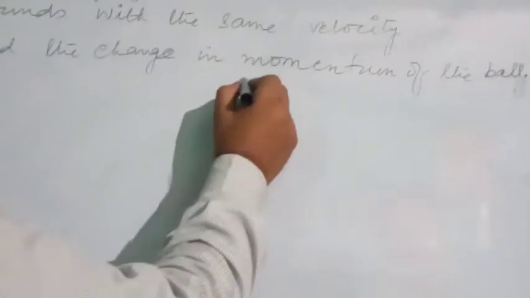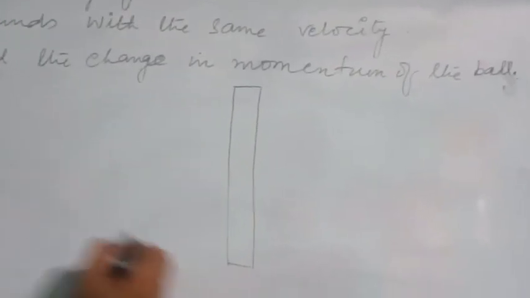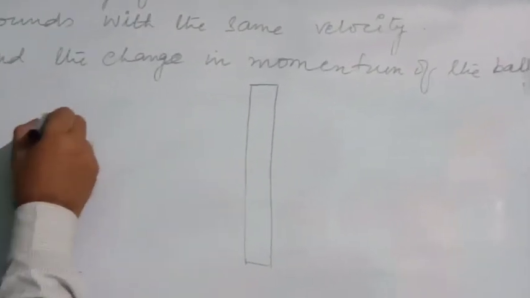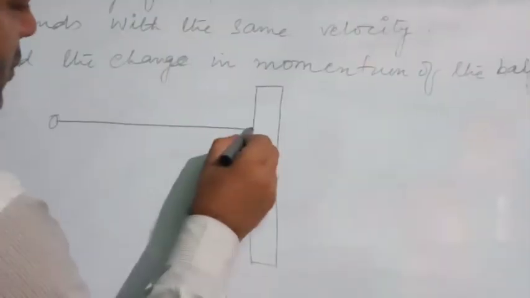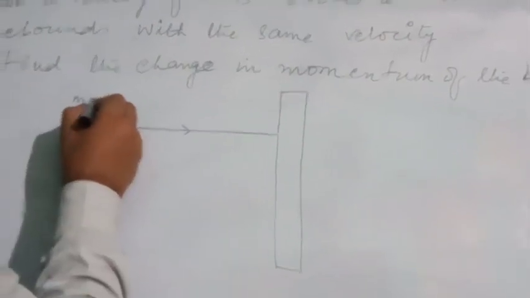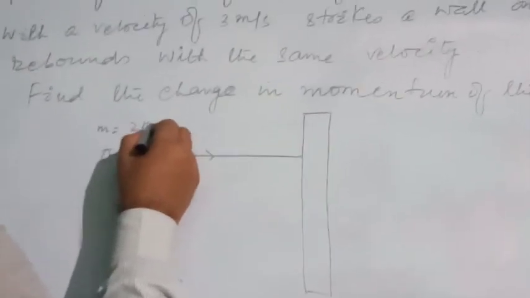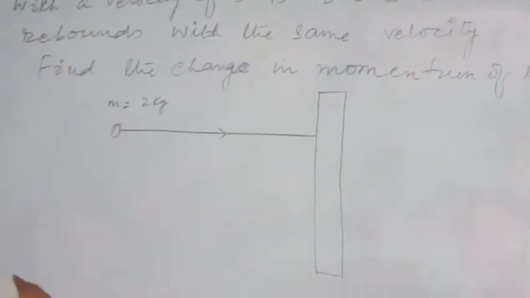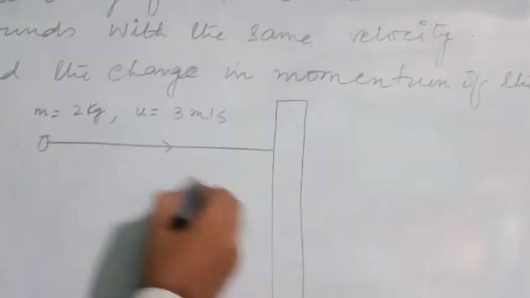Suppose it is the wall. The ball is moving with a constant velocity. Mass is given, 2 kg. Initial velocity 3 meters per second.